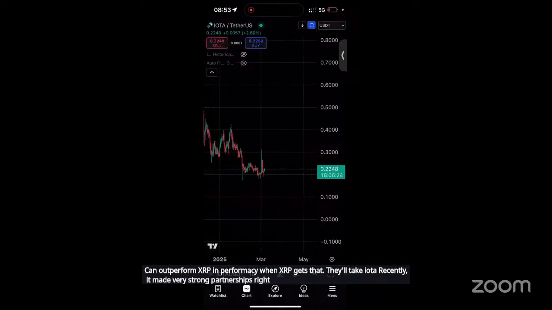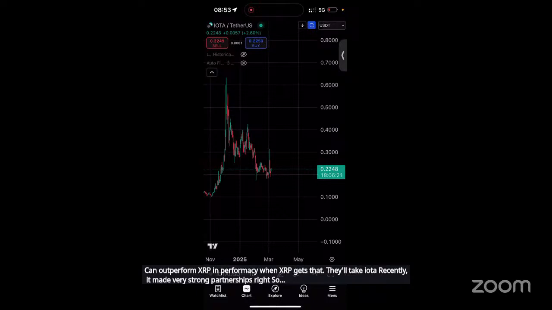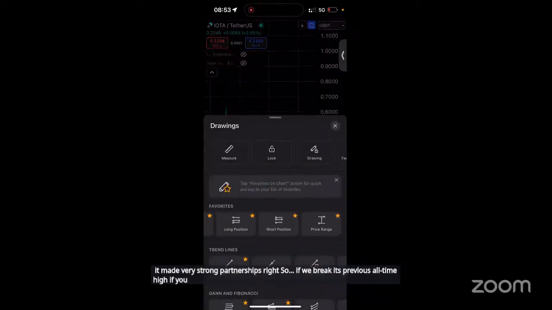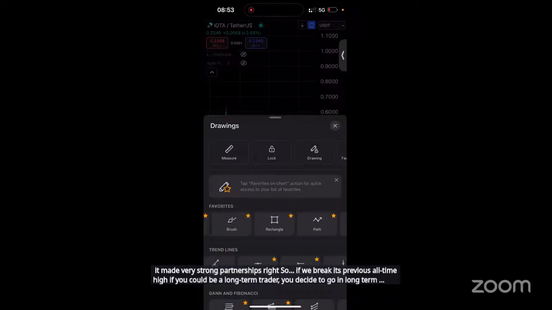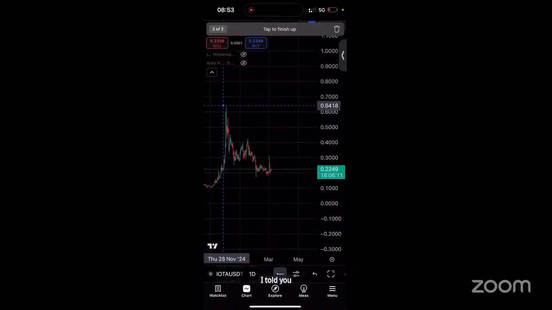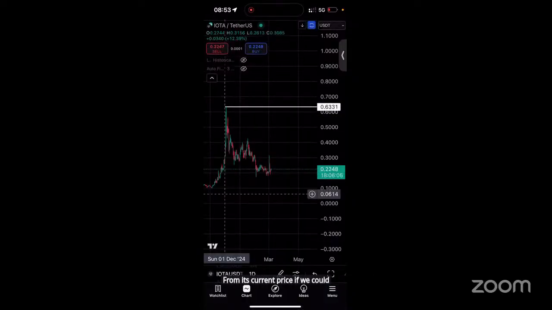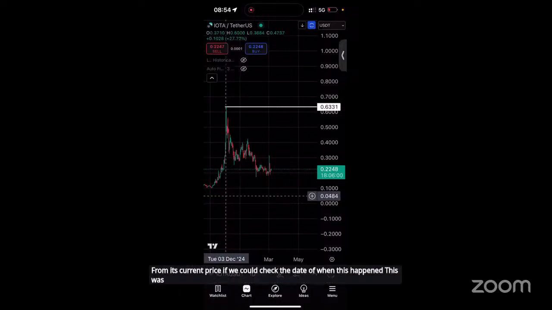So if we break its previous all-time high, if you could be a long-term trader, you decide to go in long-term patience. I told you make some money, then let's take IOTA to hit price from its current price. If we could check the date of when this happened, this was December 2024, guys.